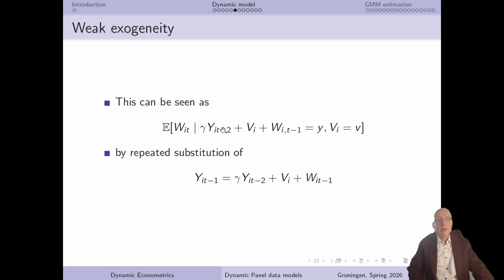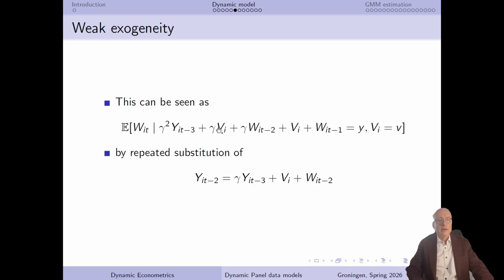Of course we can go on and also rewrite this y_it minus 2. If y_it minus 1 is equal to gamma y_it minus 2 plus v_i plus w_it minus 1, then y_it minus 2 is equal to gamma y_it minus 3 plus v_i plus w_it minus 2. I can substitute this into there in order to get gamma squared y_it minus 3 plus gamma v_i plus gamma w_it minus 1 plus v_i plus w_it minus 1. Well, of course I can go on.